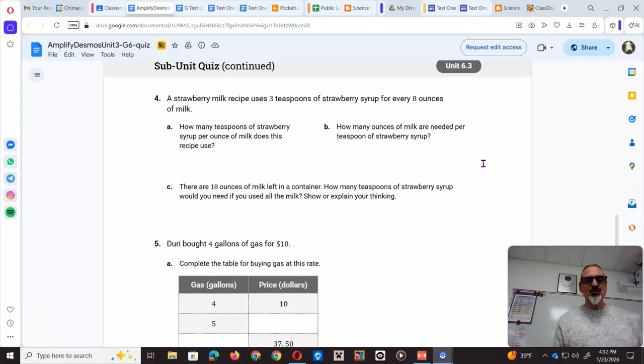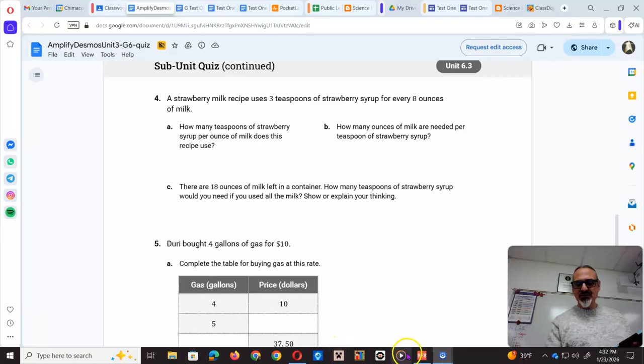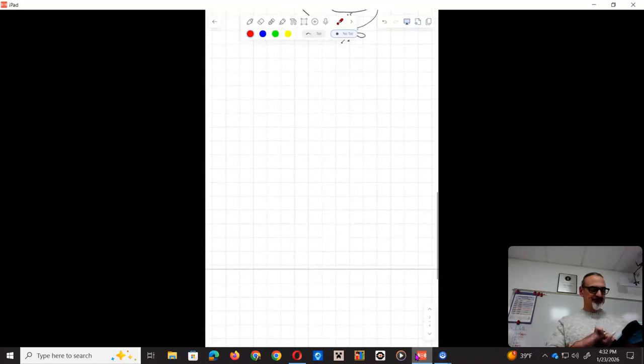So step 1 is read the question, and it has to do with strawberry milk and the ratio of teaspoons of syrup to 4 ounces of milk. So here's what I showed kids, and here's what we need to do. I'm going to move this down.